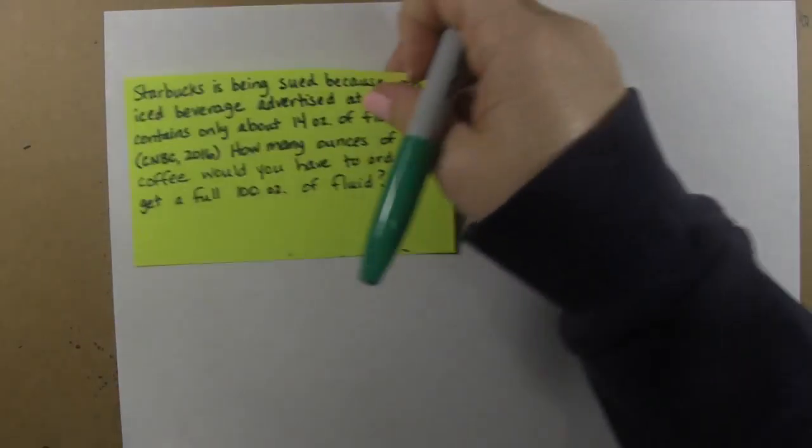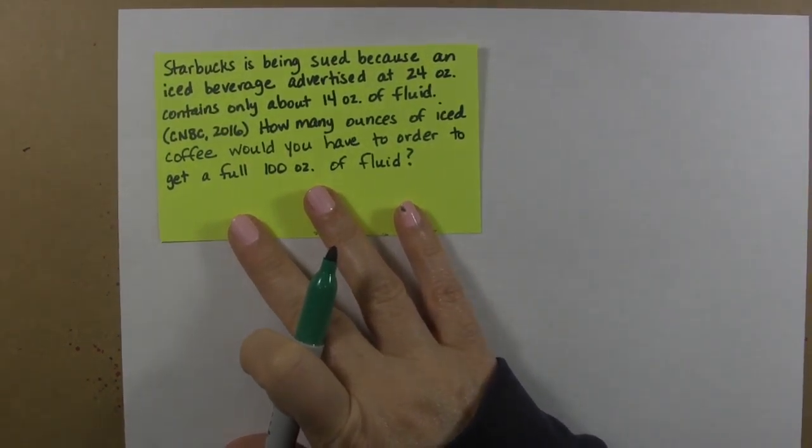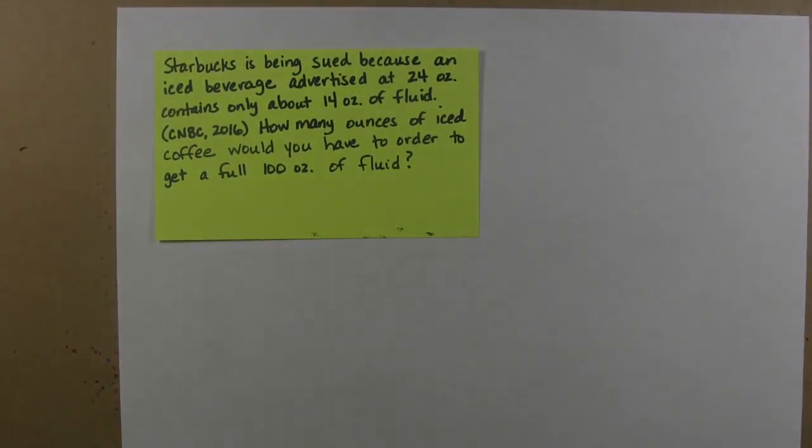So here, another true story, Starbucks. Starbucks is being sued because an iced beverage advertised at 24 ounces contains only about 14 ounces of fluid. How many ounces of iced coffee would you have to order in order to get a full 100 ounces of fluid?